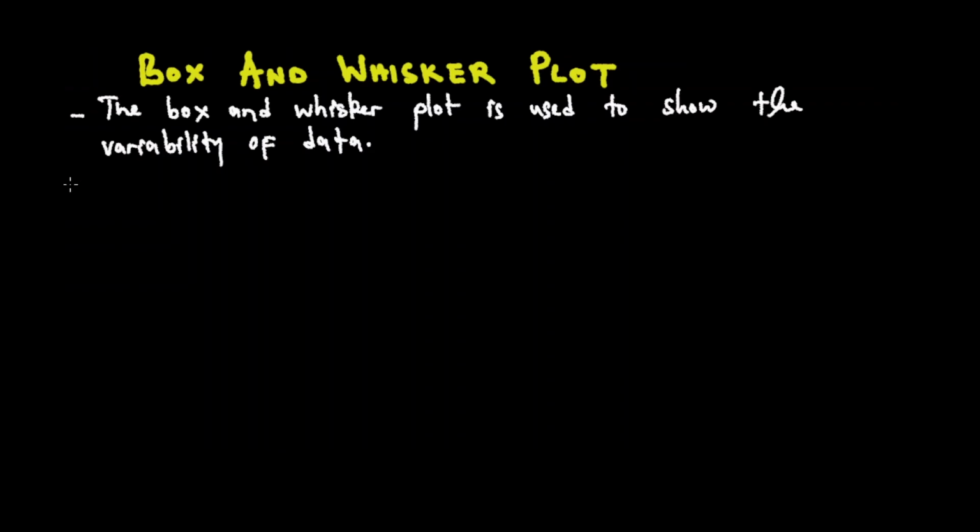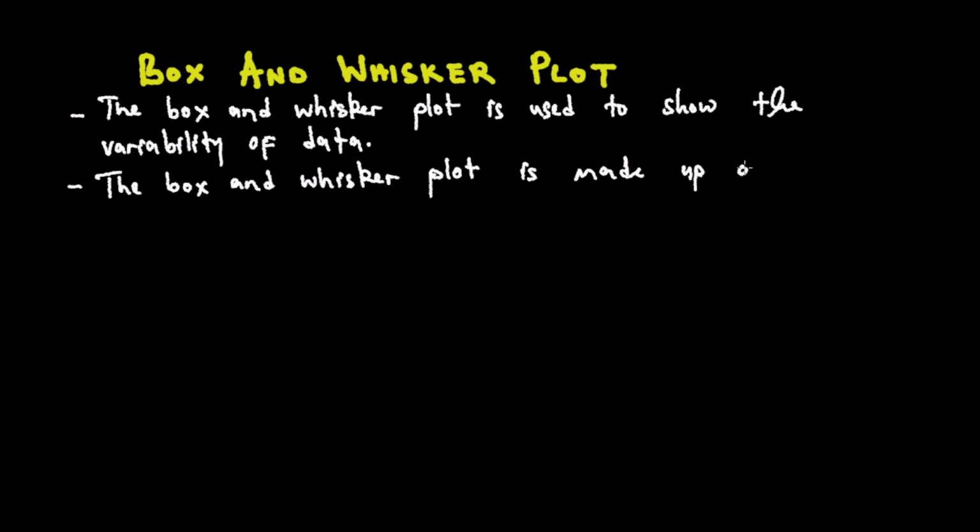Okay? The box and whisker plot is made up of, saka, this is what comprises a box and whisker plot. We have what we refer to as a median, which is simply a central number, a central data value in a data set.